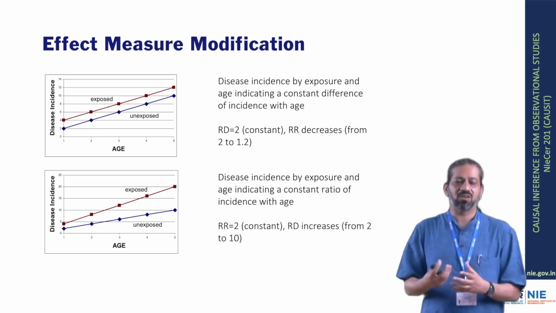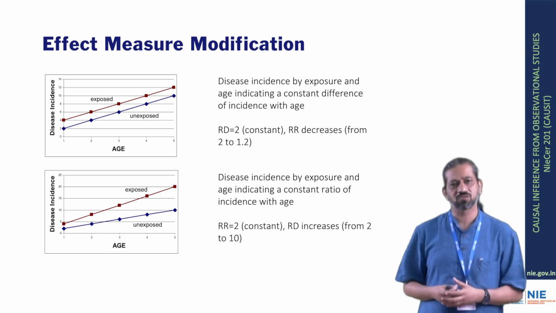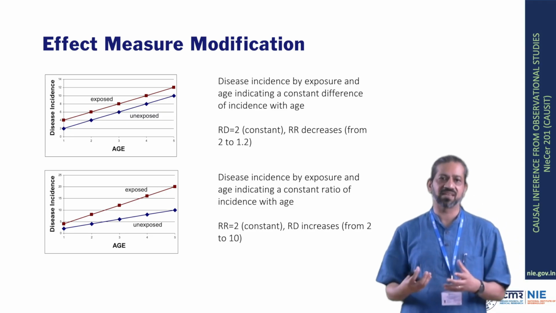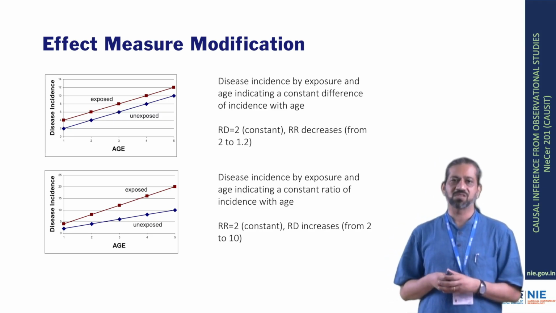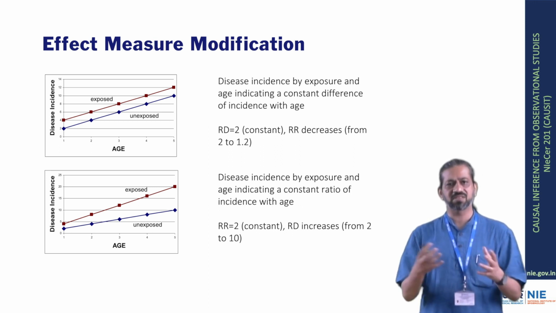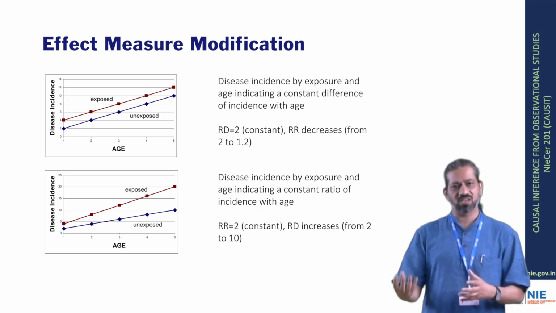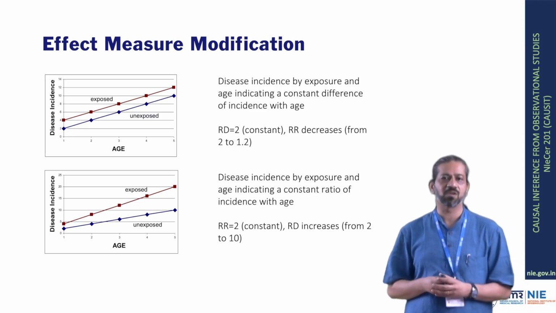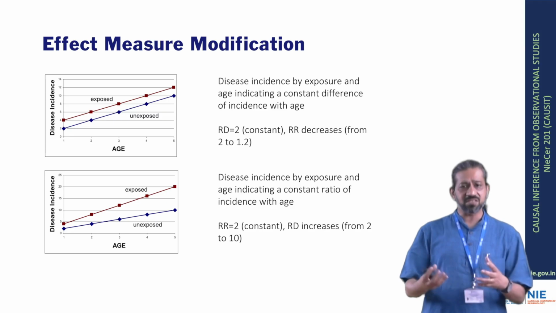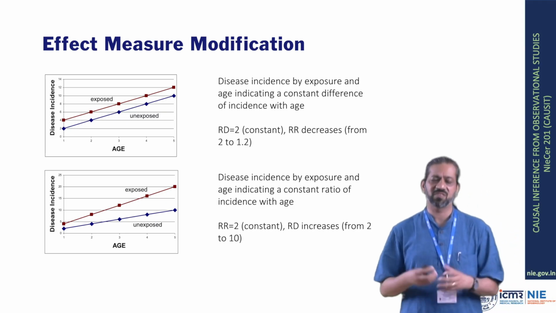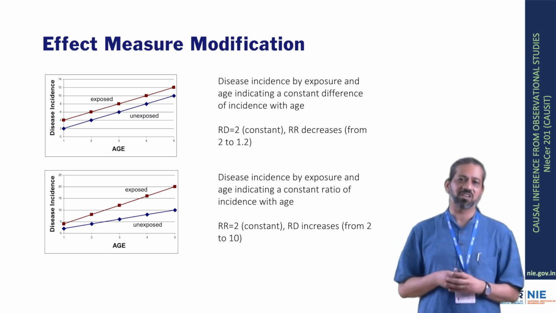That would depend on what is the measure of association that we are utilizing in our study. Are we using risk difference as a measure to say that the risk difference changes with the presence or absence of the modifier, or the risk ratio changes with the presence or absence of this modifier?